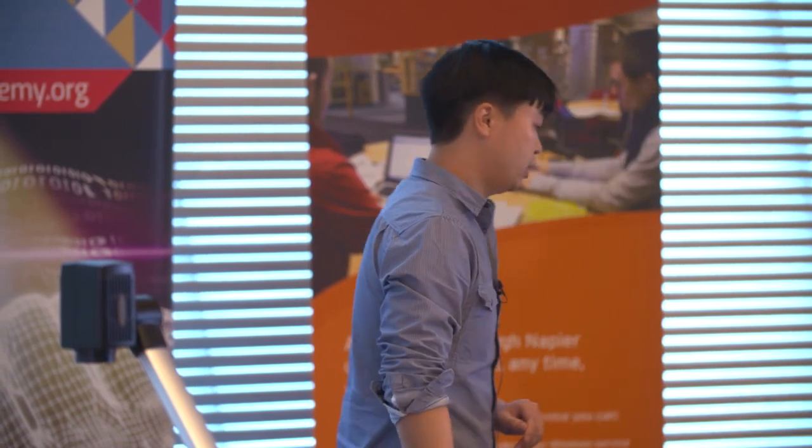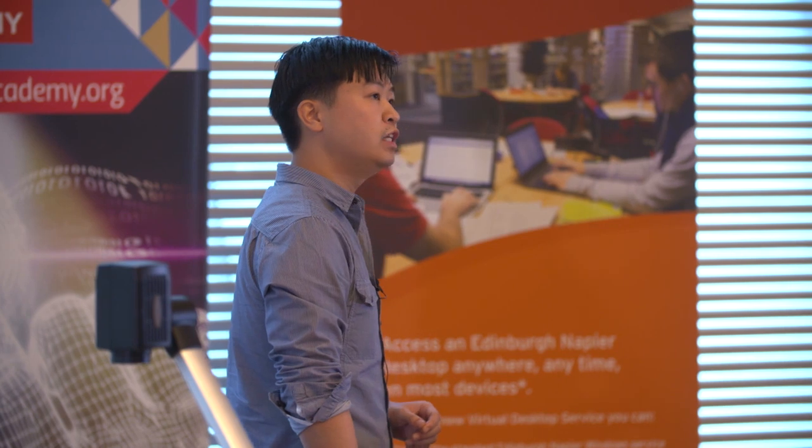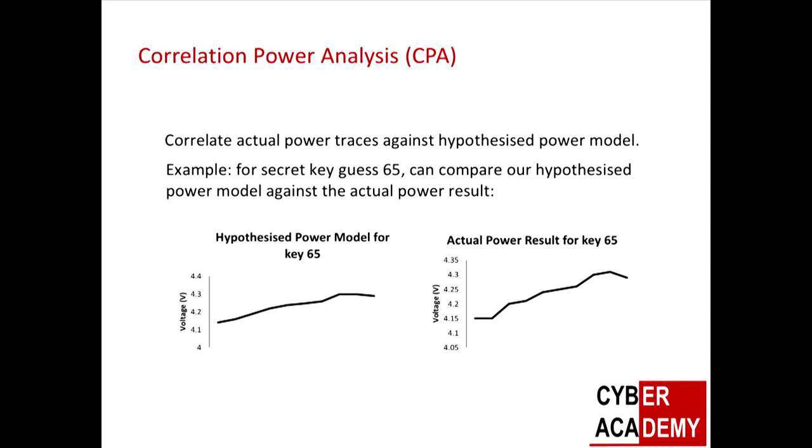Okay, and lastly, we have what is known as correlation power analysis. In correlation power analysis, we aim to correlate the actual power traces of a device against a hypothesized model for each of our key guesses. So from this example here, if we thought that one of our keys in AES-128 was a hex value 65, we would produce a power model of key 65, and it's assumed in this form of attack that every other key guess will have different characteristics in terms of its power profile.